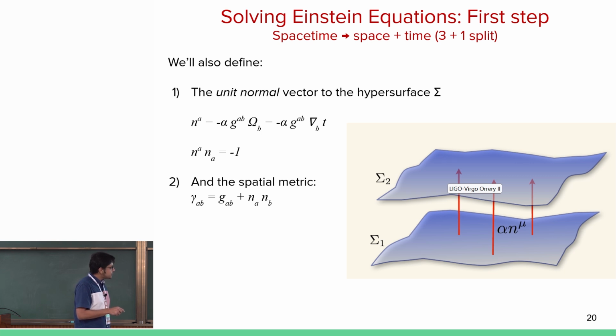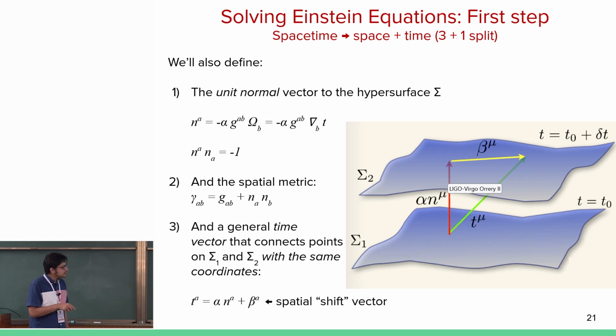Now, the spatial metric is given as effectively the 4D spacetime metric projected onto these 3D slices. So this plus the normal vector product together will give us the spatial metric that actually gives the proper distances between any 2 points in the same space-like hypersurface. Okay.